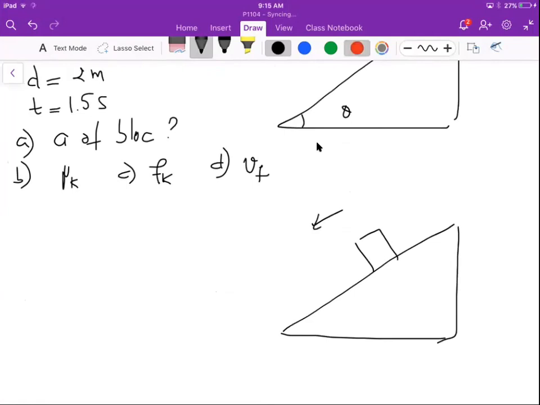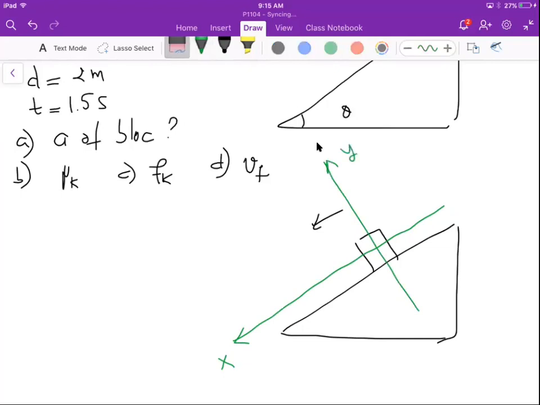So let us take the x-axis to be pointing in this direction. At the moment we don't need the y-axis, but let me draw it just perpendicular to the x-axis. So this is the y-axis. And the object is moving in the same direction as the x-axis.